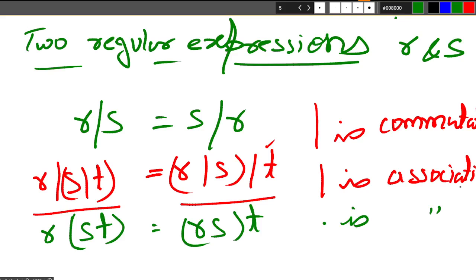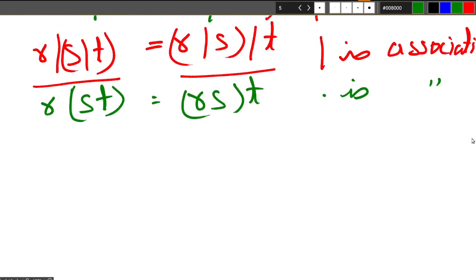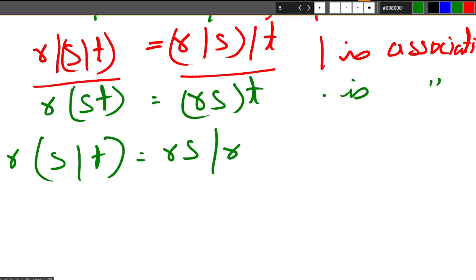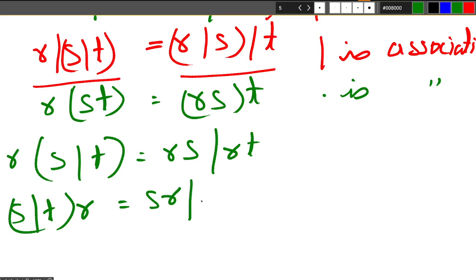Now let me talk about distributive. If you have something like R and inside it is S or T, can we write it as R S or R T, or if it is S or T concatenated with R, can we write it as S R or T R?